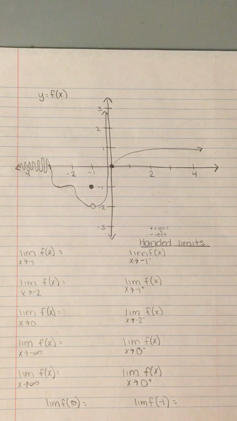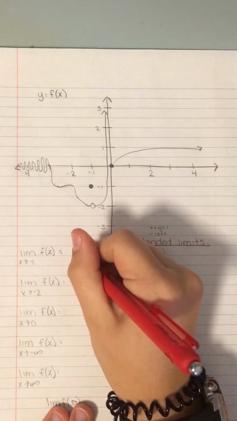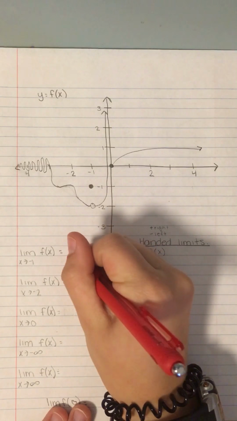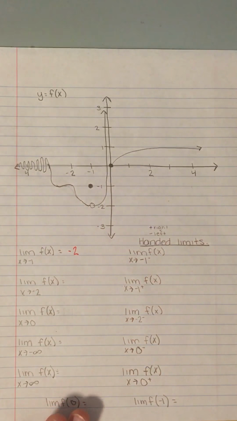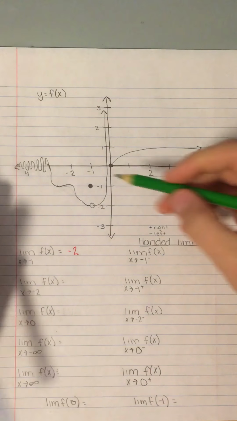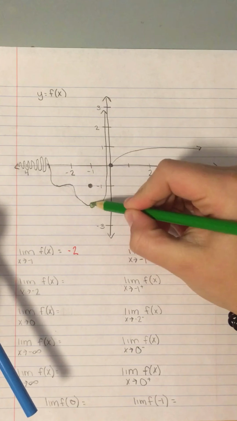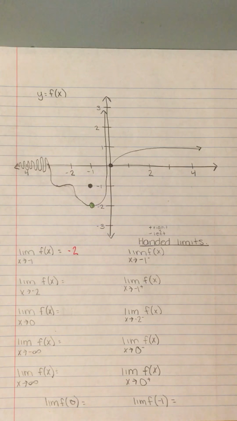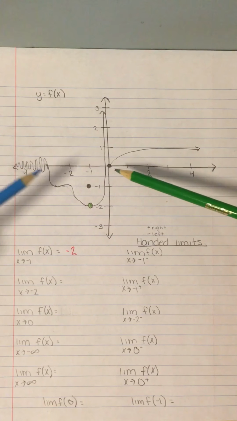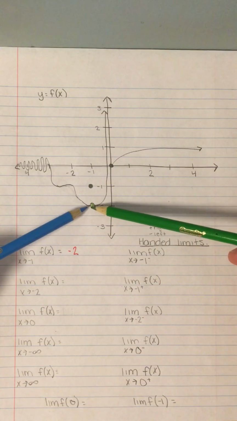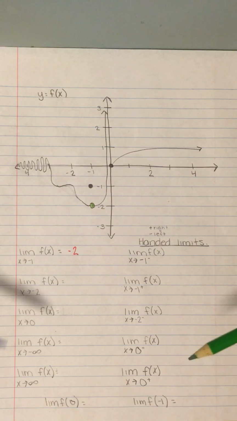So therefore, the limit of this function as x approaches negative 1 would be negative 2. Once again, there's a hole here. As you can see, I'm coloring it in green. There is a hole. However, it doesn't cause the limit to not exist because our fingers still touch in the same spot.